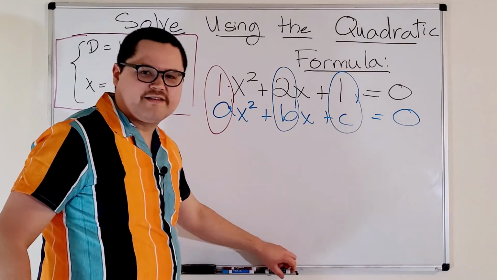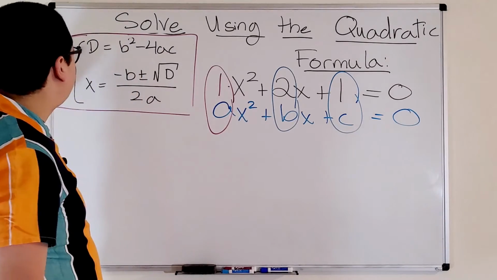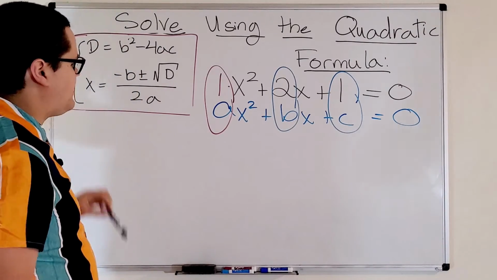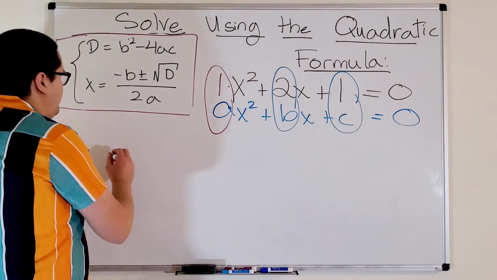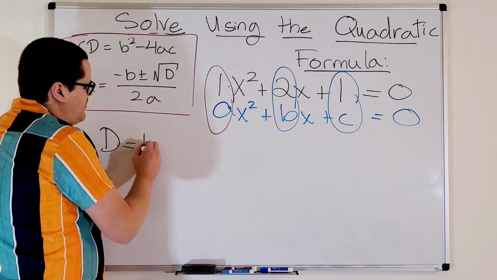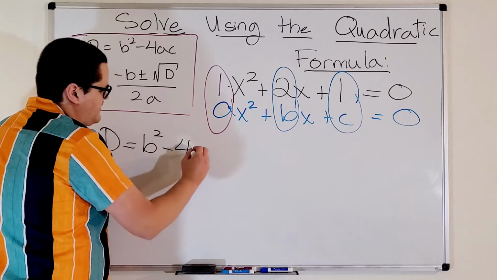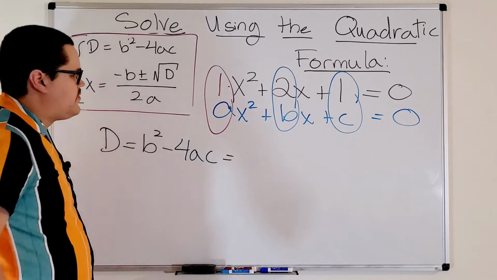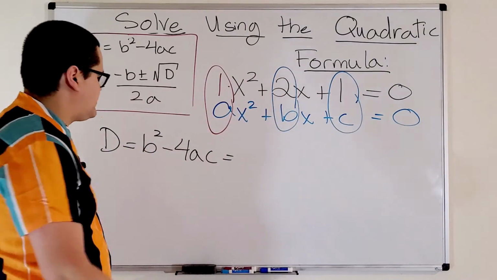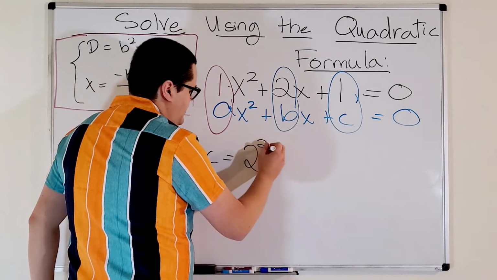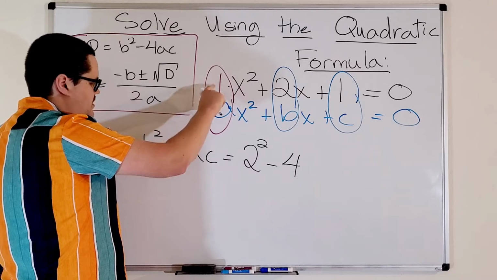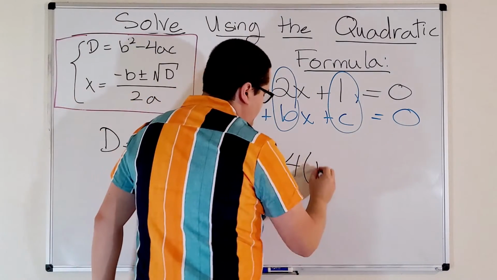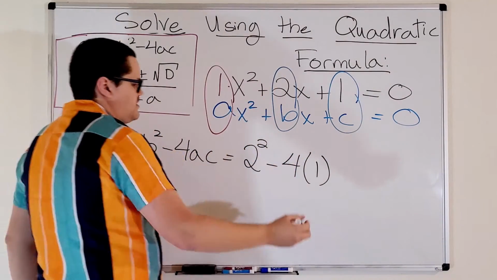Okay, next up, we use the first equation in our two-step quadratic formula. So our discriminant, capital D, is b squared minus 4ac. So b is 2, so that's 2 squared minus 4 times a, which is 1, times c, which is also 1.